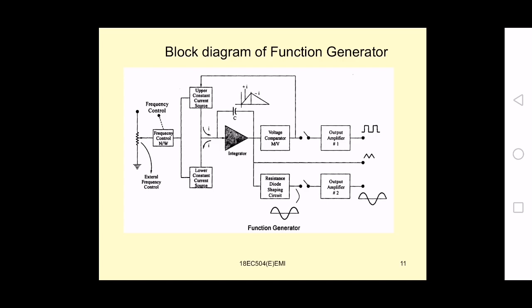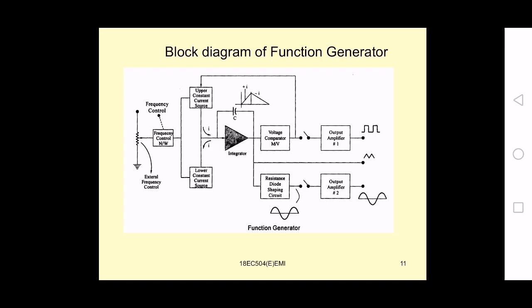So whatever the increase or decrease in current supplied by this current source, in this case the upper constant current source, increases or decreases the slope of the output voltage and hence controls the frequency.